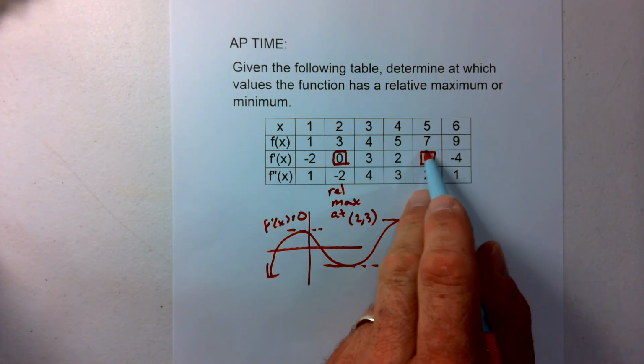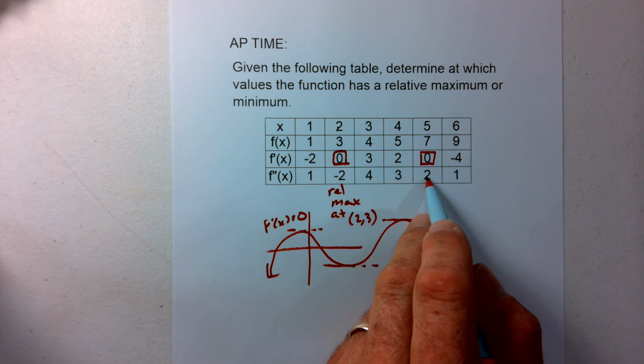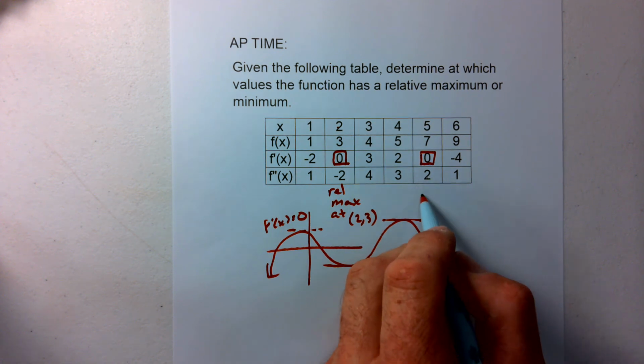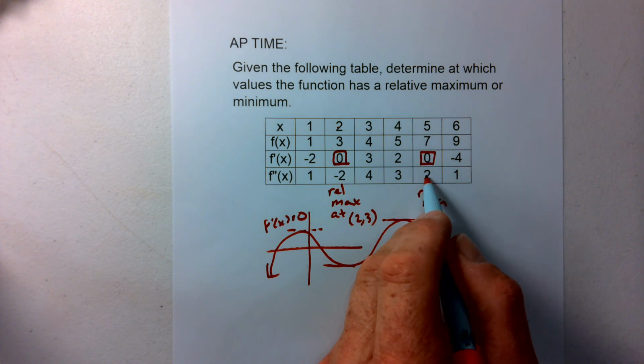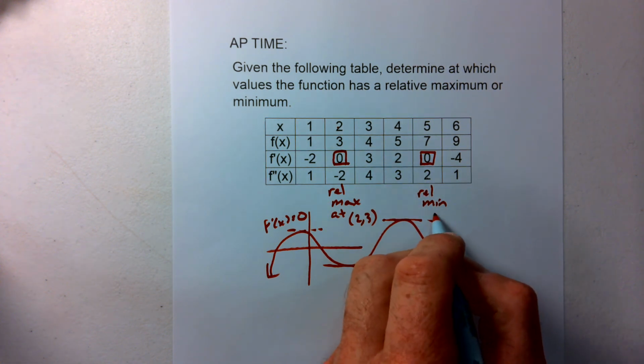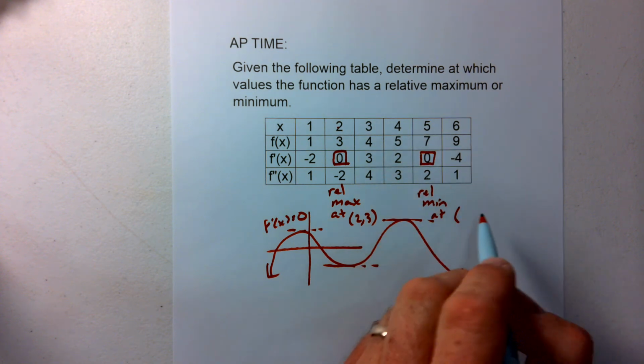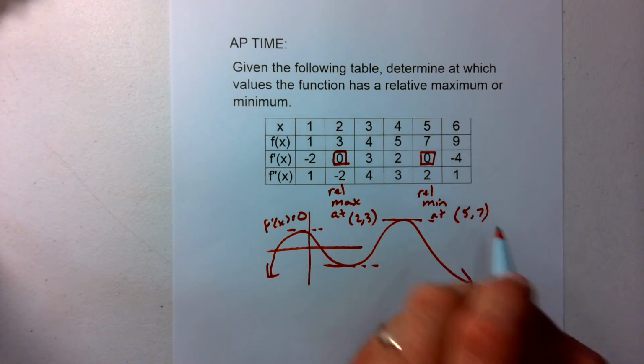Here, this 0 is going to tell us, well, right here, we have a relative minimum because of our second derivative being positive from the second derivative test. It's a relative minimum. More importantly, it's at the point (5, 7).